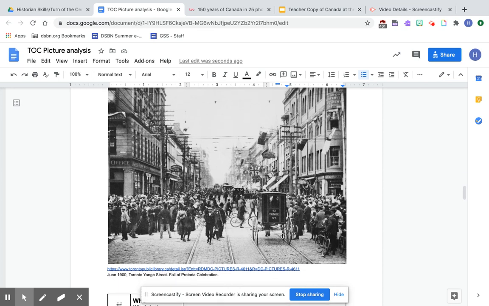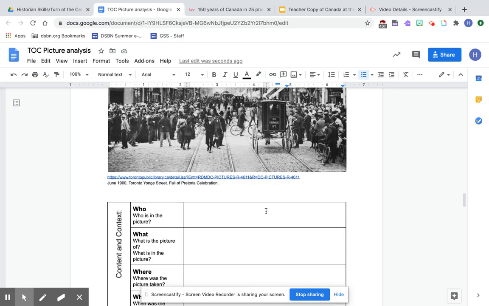If you did not, that's okay, because when we analyze pictures and historical sources, we tend to make a lot of inferences based on the knowledge we have to try to fill in the blanks for history. So who is in this picture? Well, we see a large crowd of people, men and women.